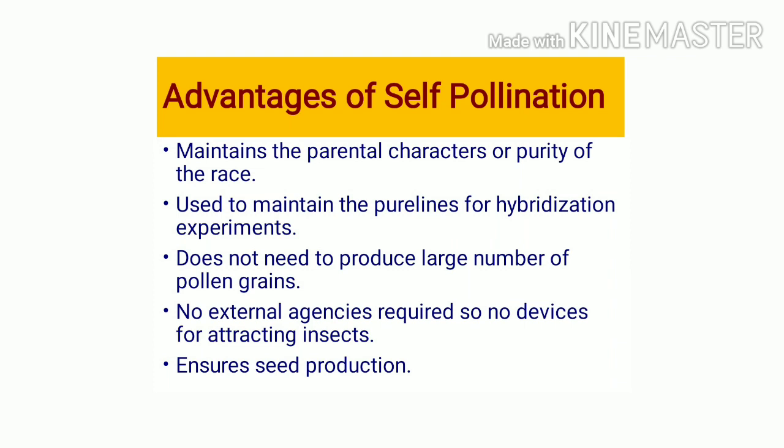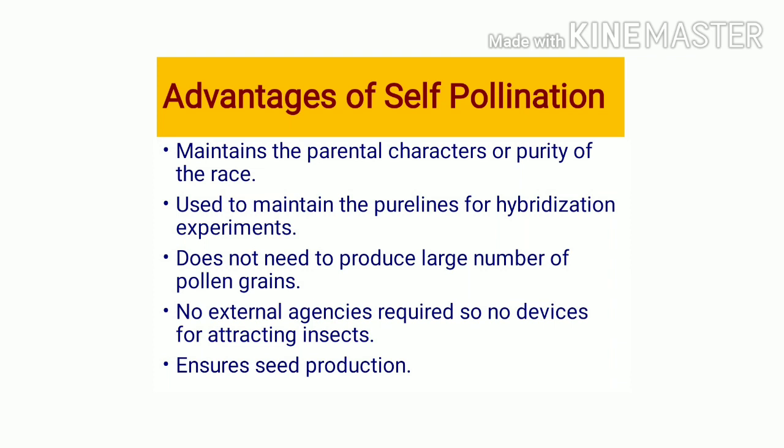Then comes the next advantage, that the plant does not need to produce a large number of pollen grains, as the pollen grains are transferred within the same flower by lengthening of the filament of the anther or bending of the style of the gynoecium.